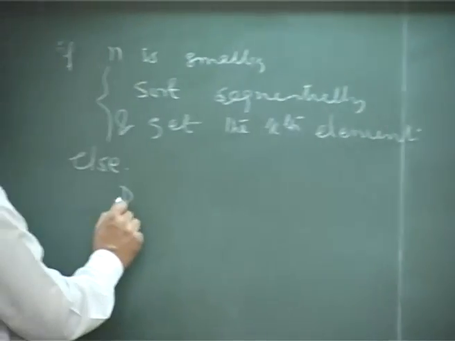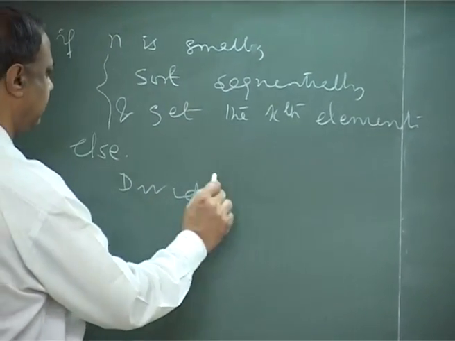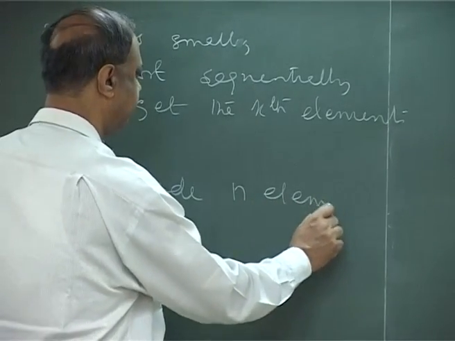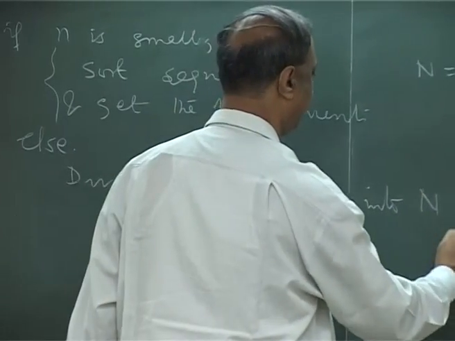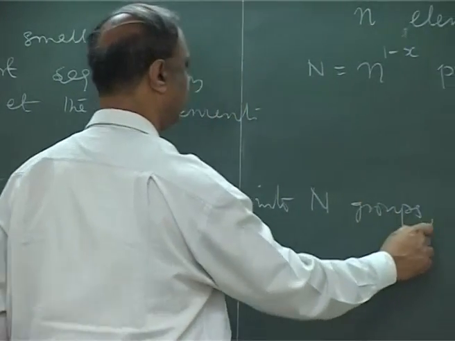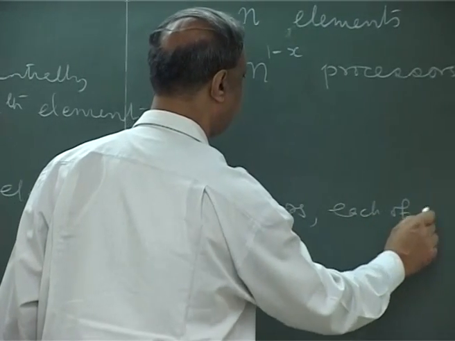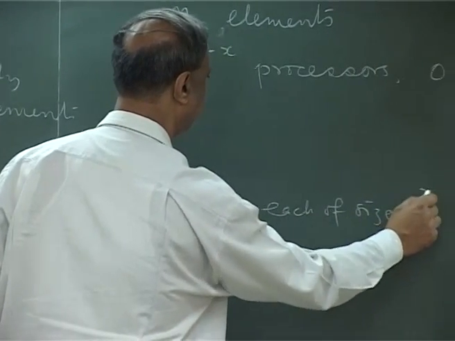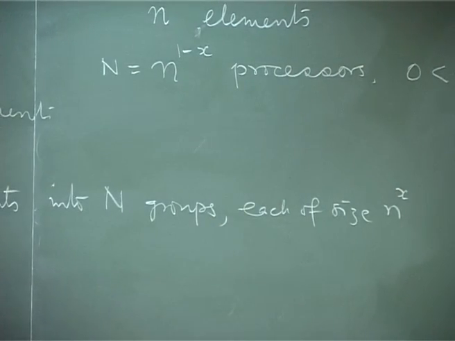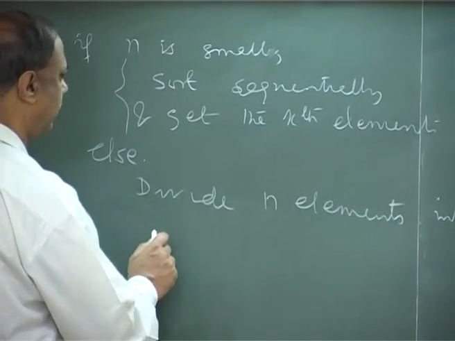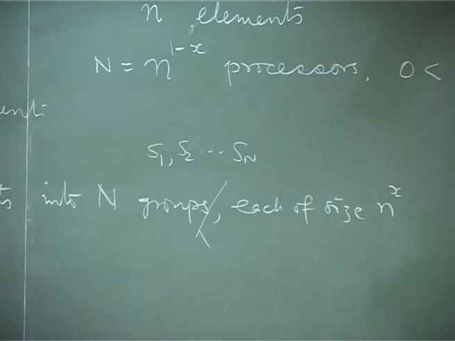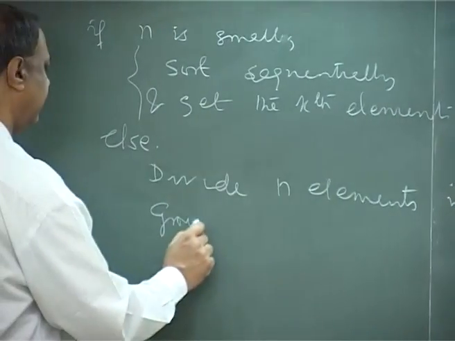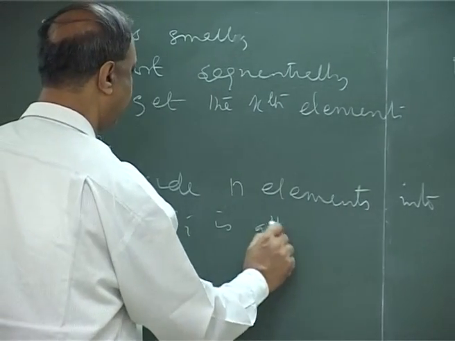Divide n elements into N groups, each of size n to the power x. Let us name the groups S1, S2, up to SN. Group Si is attached to Pi.